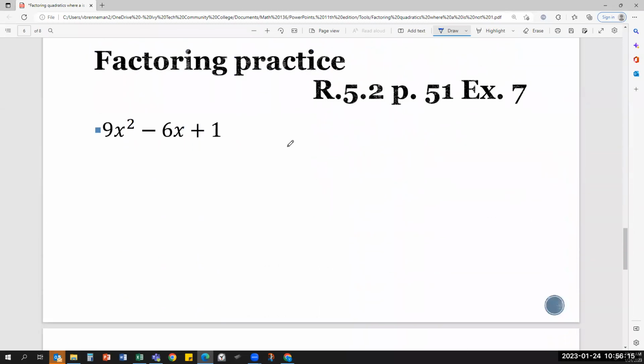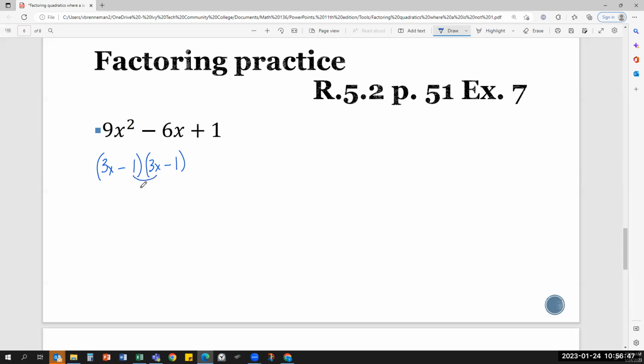All right, so next example, 9x squared minus 6x plus 1. So here 9 isn't prime, 1 is prime, but 9 and 1 are both perfect squares. So this is still a good candidate for a guess and check, just to see at least maybe a 3x and a 3x for the 9x squared, 1 and 1 for the 1, and because it's a minus 6x, those will both need to be negative to multiply to get the plus 1.